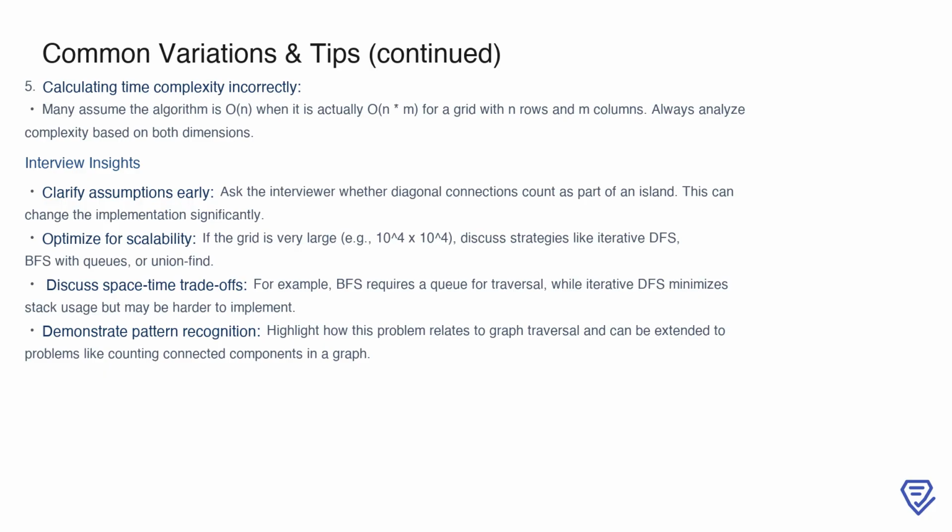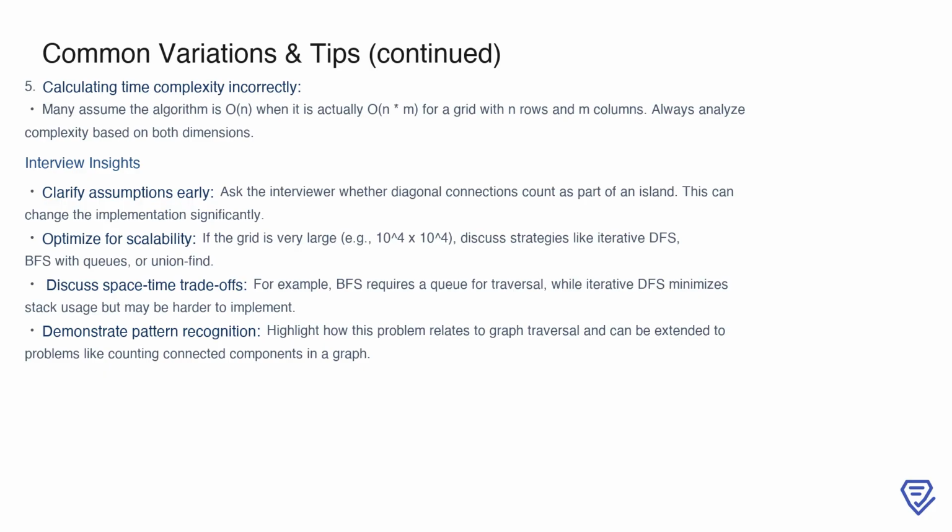Now, in an interview setting, there are additional insights that can help you stand out. Start by clarifying assumptions early. Ask whether diagonal connections count as part of an island, as this can significantly affect your implementation. For large grids, scalability is key, so discuss strategies like iterative DFS, BFS with queues, or even union find to handle 10,000 by 10,000 grids efficiently.